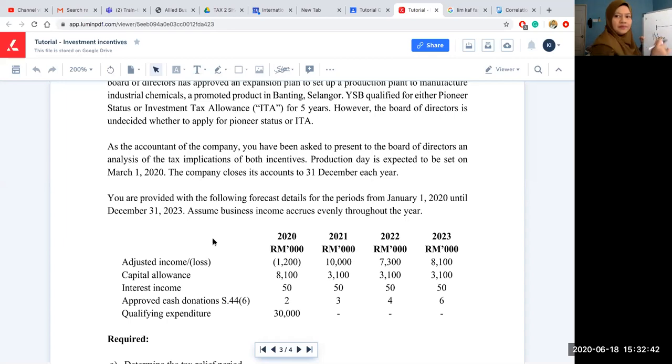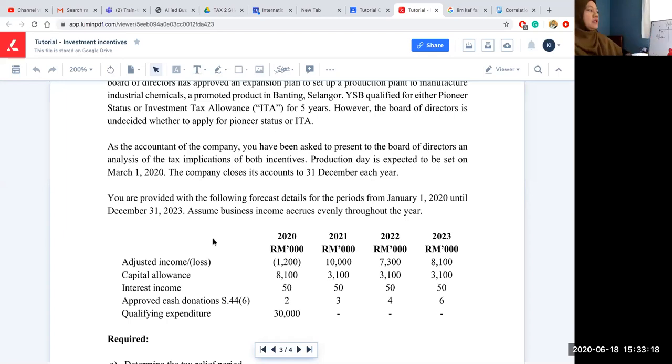But your production day is set on 1st of March 2020. So during the period January and February, this is what we call the non-pioneer period. With a non-pioneer period, you have to allocate the losses. If there are any losses or capital allowance, they can fall into this period. But the losses during this period, you are going to set off against your pioneer status first, your 70% ability.